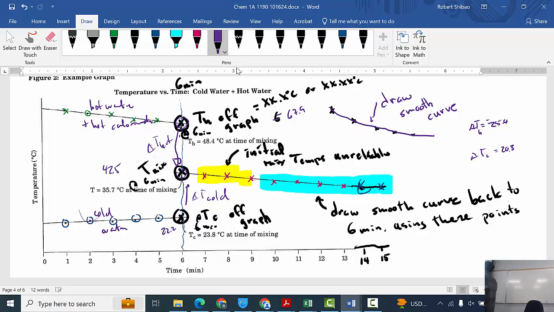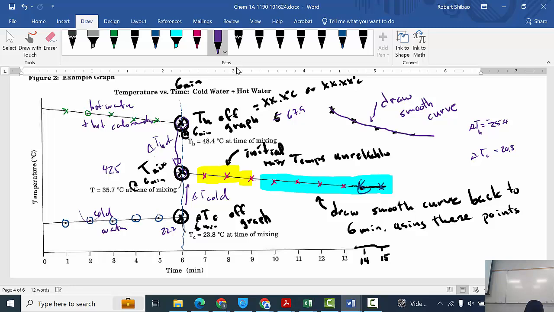Yeah. This is impossible to get a positive heat capacity of the calorimeter. Because if you think about this, if you only had 50 grams of hot water and 50 grams of cold water, then the hot water will cool down and the cold water would warm up by equal amounts because it's a 50-50 mix, and so they're going to go right to the center of the temperature range.